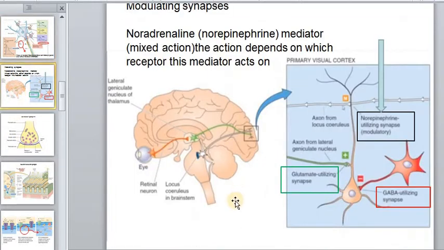These are modulating synapses, for example adrenaline synapses. The adrenaline molecule has mixed action. The action depends on which kind of receptor cells this mediator acts on.